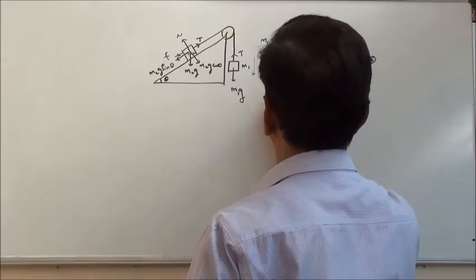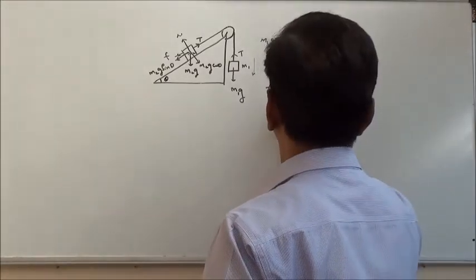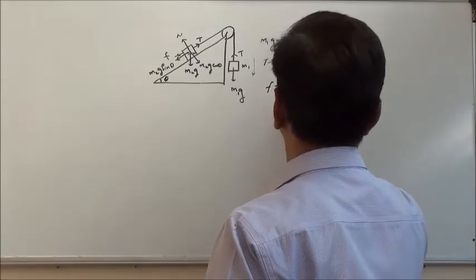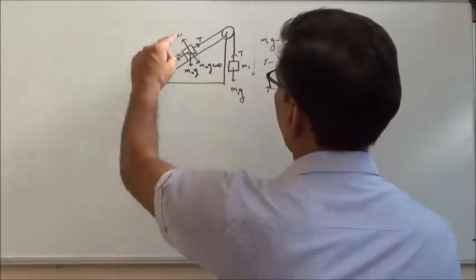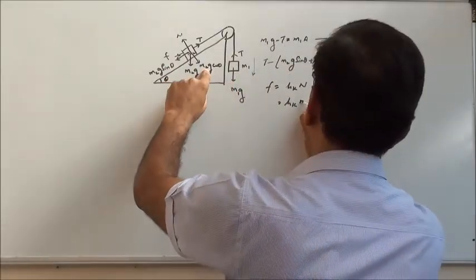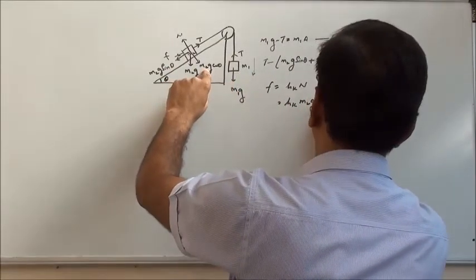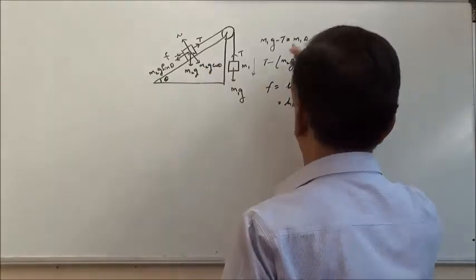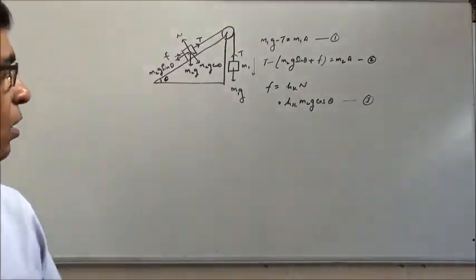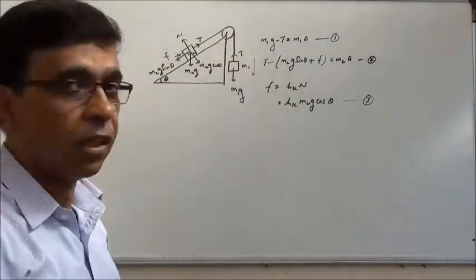And what is F? F is mu k into N. What is N? N is being balanced by m2g cos theta. So with these three equations, we can solve and find out the value of tension and acceleration.